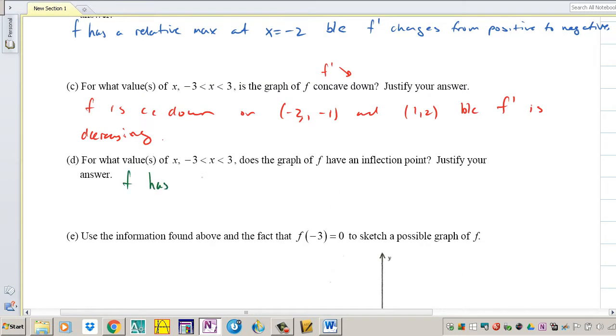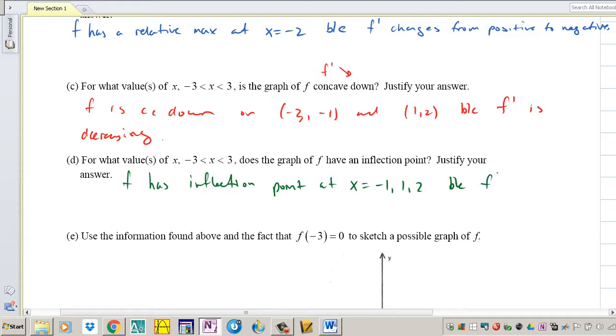F has inflection points at x is equal to -1, 1, and 2, because now you can't say because the second derivative changes sign, because you're not given a second derivative graph. You have to use the evidence given to you.